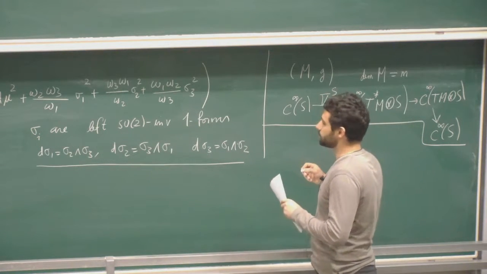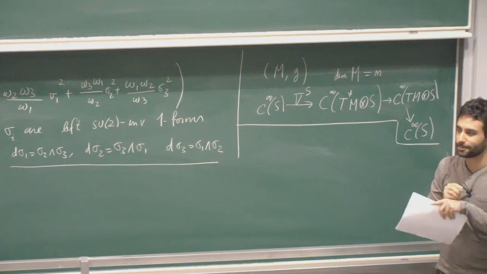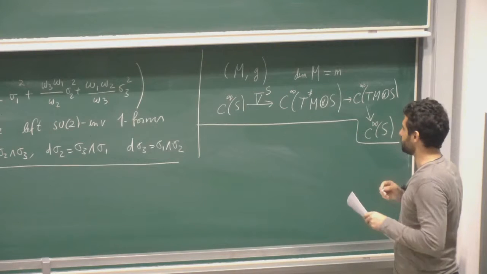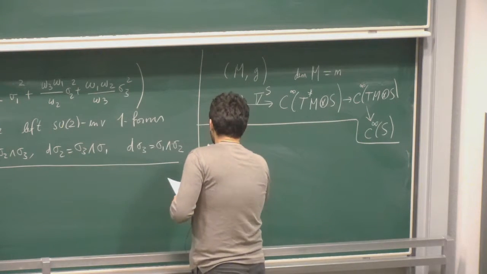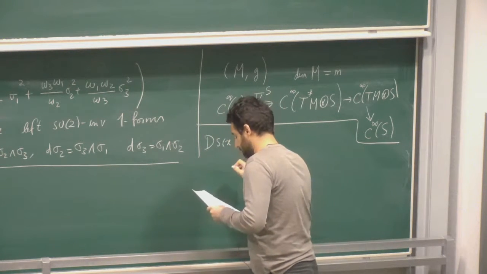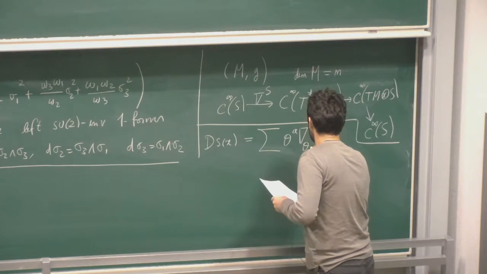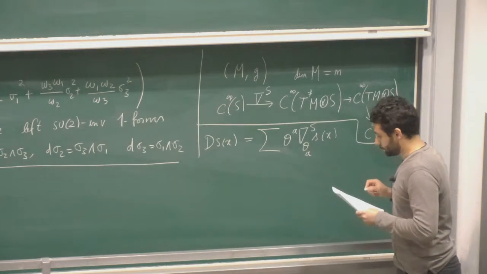If I pick some local coordinates, and in those local coordinates I write theta up A, a local orthonormal coframe for the cotangent bundle, and look at the dual theta sub A. So in local coordinates, I can have an expression for the Dirac operator, which is going to be sigma gamma A nabla theta sub A. This is the spin connection.